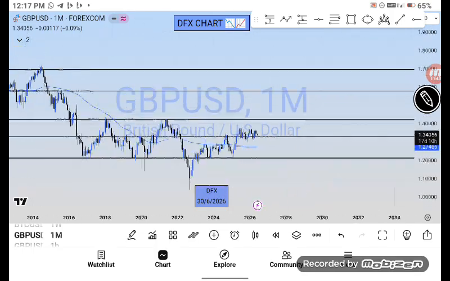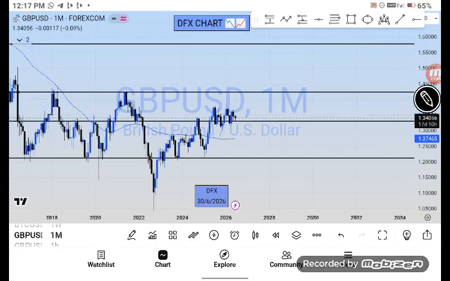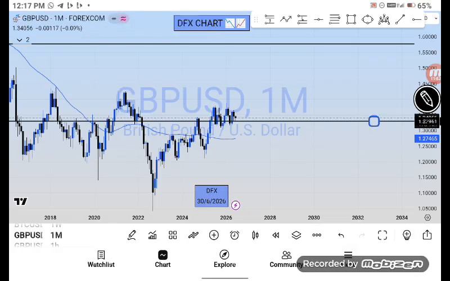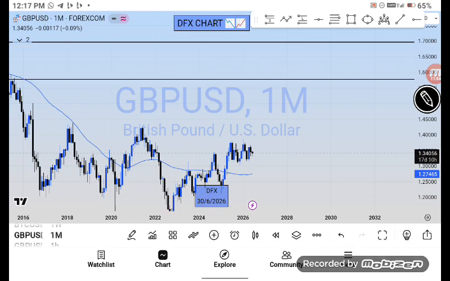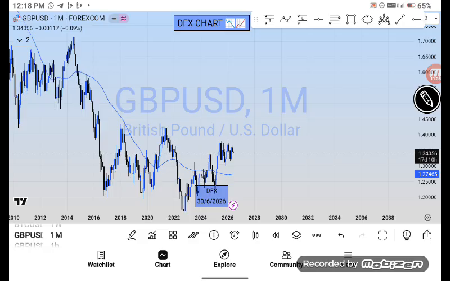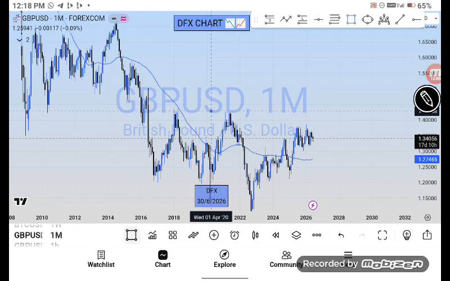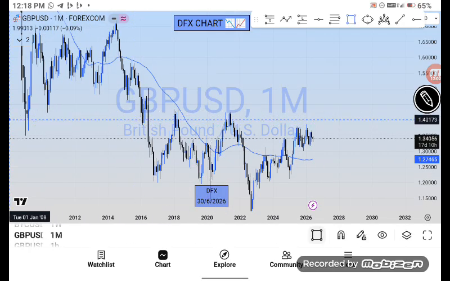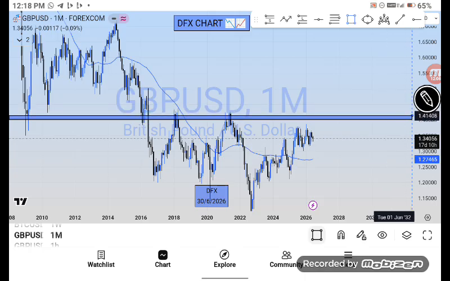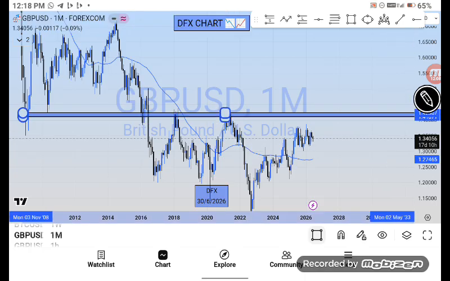So that's just how to draw your support and resistance level. You just focus on the obvious ones, which are the most recent structures that the market just printed. All right, so let me make use of the tools. We have one here, which is here.